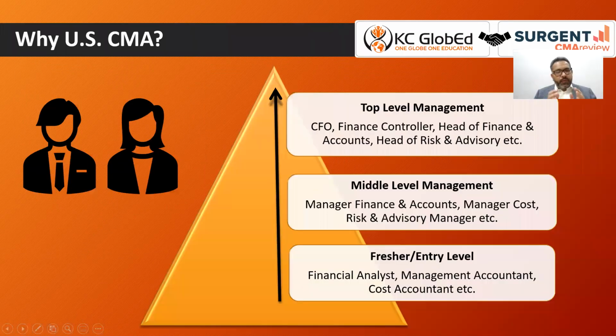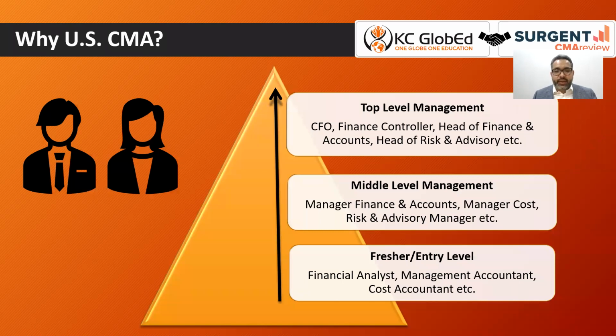So here would be the career path for a US CMA. After 12th, for example, you have done the CMA, and side by side, you have done the graduation and gained some experience. After the graduation, you'll be starting in a company at a fresher or entry level. That would be a financial analyst role, management accountant role, cost accountant role, or analyst role.